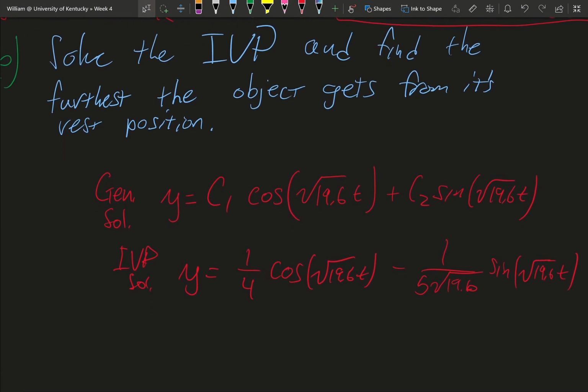We're then asked, what's the furthest the object gets from its rest position, and we would do the amplitude, which would be the square root of that squared plus this squared. Oh wait, never mind. My answer's wrong.